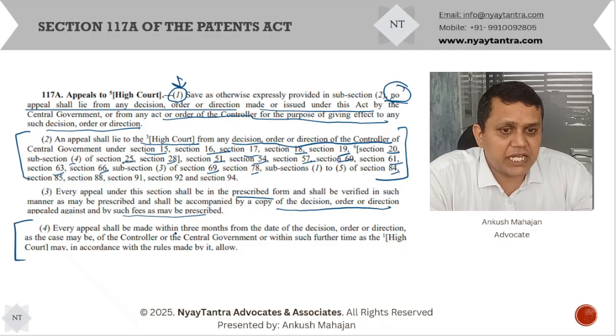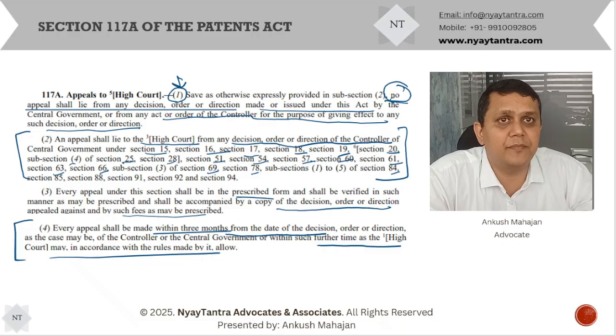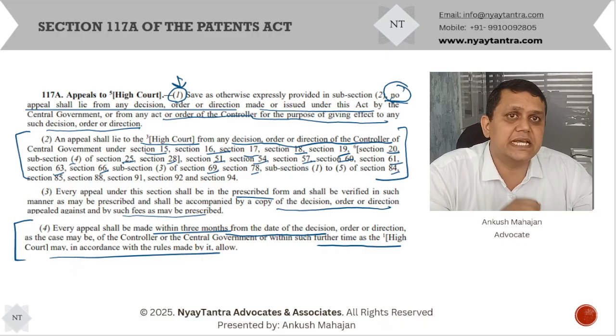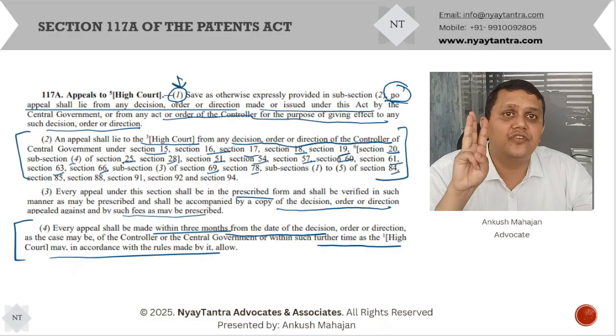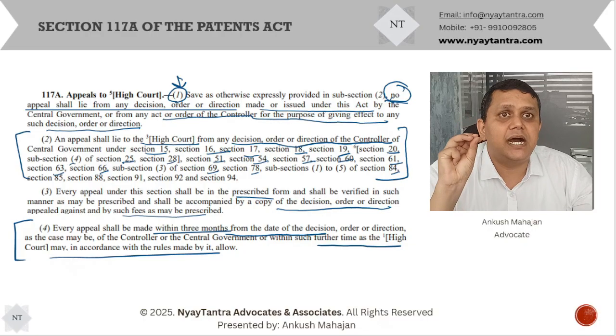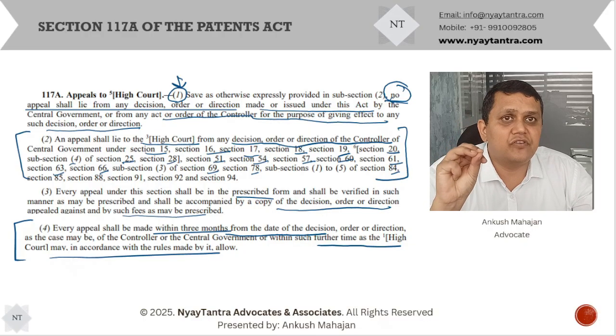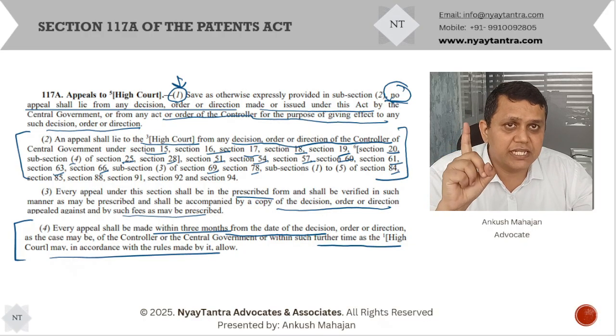Every appeal shall be made within 3 months from the date of the decision, order or direction, as the case may be, of the Controller or the Central Government, or within such further time as the High Court may, in accordance with the rules made by it, allow. So basically you have 3 months to file an appeal against an order from the date of receipt of the order, first thing.